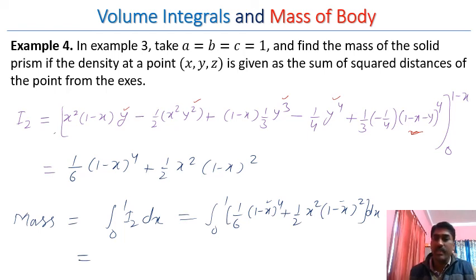So after you integrate and put the limit, the answer comes 1 by 20. So the mass of the prism that we considered with a equal to b equal to c equal to 1 is 1 by 20. This is how we calculate volume and mass.